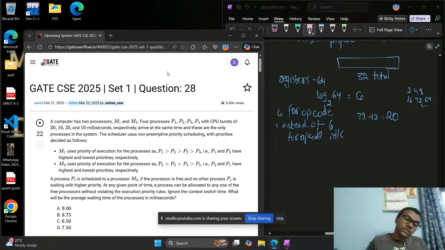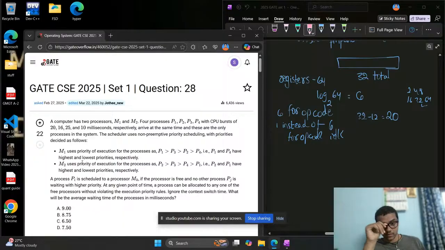The computer has four processors, CPU based, and these are the only processing system. The scheduler uses non-preemptive priority scheduling. P1 has the highest and P4 has the lowest priority.